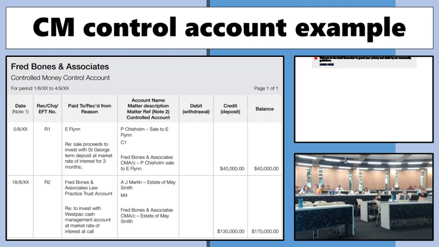That one up there is for one particular CMA, and you've got another one down there. So you notice it's got the controlled management account. One CMA up there, a different one down there. You're throwing them all in together. Oh look, here are all the controlled management accounts that we've got. Here's a list of all of the transactions that we've got with them. So the balance at the bottom is the sum of all your controlled money accounts together. And that's just a mandatory requirement of creating these things.